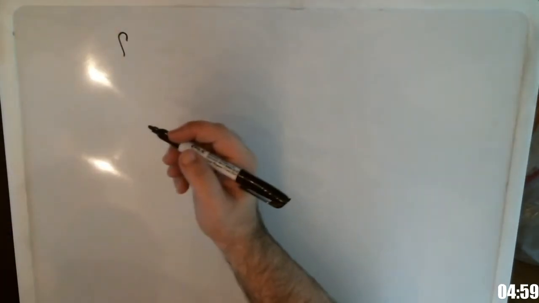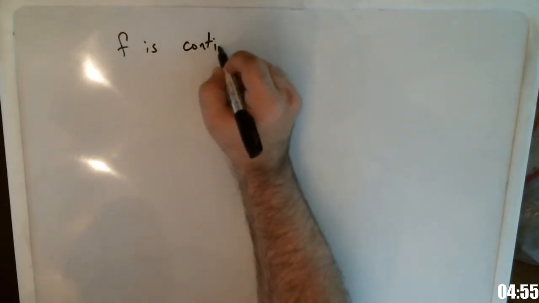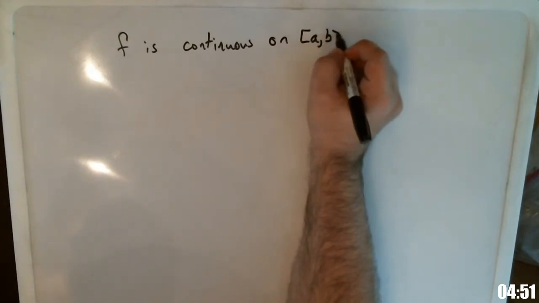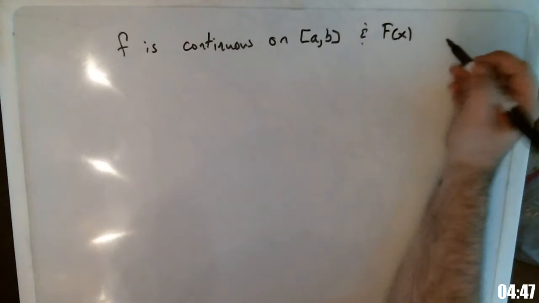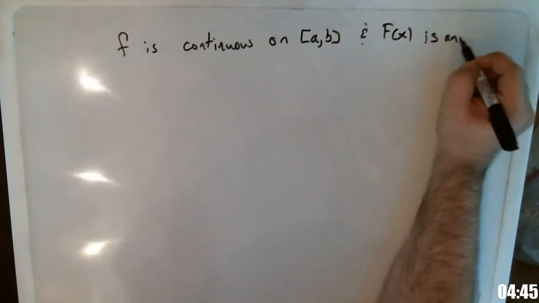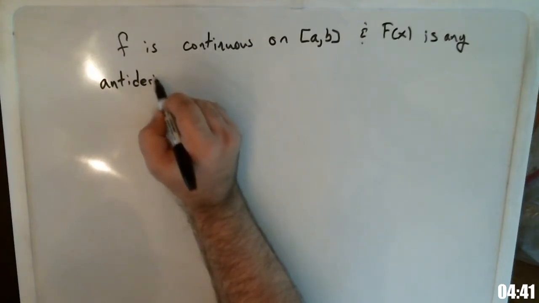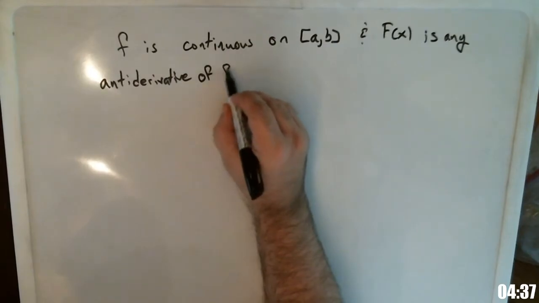Okay. Little f is continuous on [a, b], and big F of x is any antiderivative of little f of x.